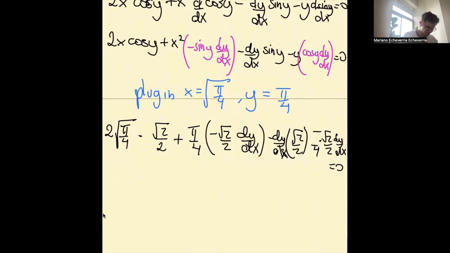Here again, let me write what I'm using. I'm just using that cosine of pi over 4 is equal to sine of pi over 4. Once you remember that, all of this is easy to follow.